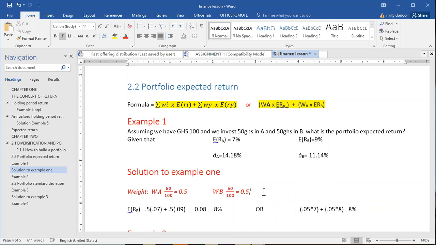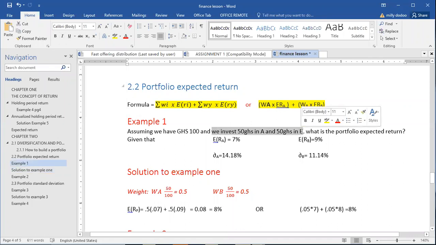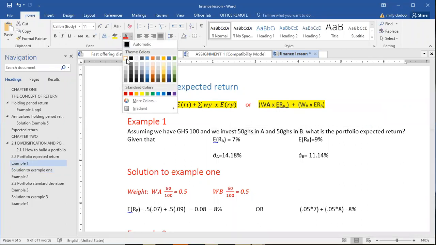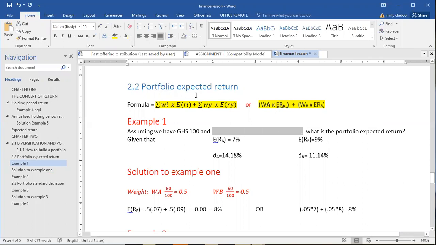So with this, I can say, assuming we have 100 Ghana cedis and we want to invest it in investment A and B, what is the portfolio expected return? Don't raise your hand and tell me that the weight is missing. The question is absolutely correct.